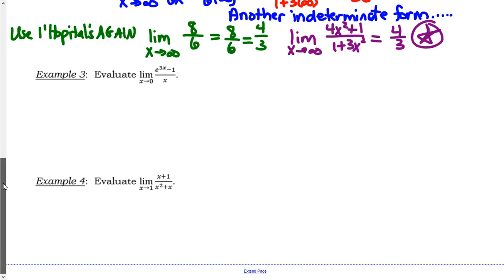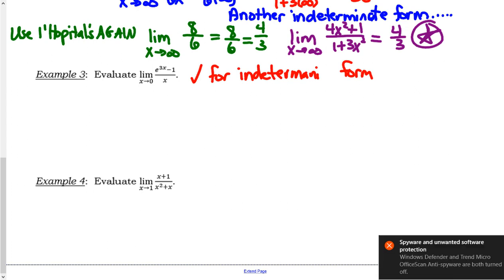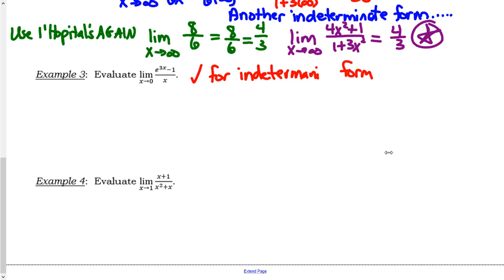Okay, next one. So again, first thing, I am checking for an indeterminate form. Sorry about that.